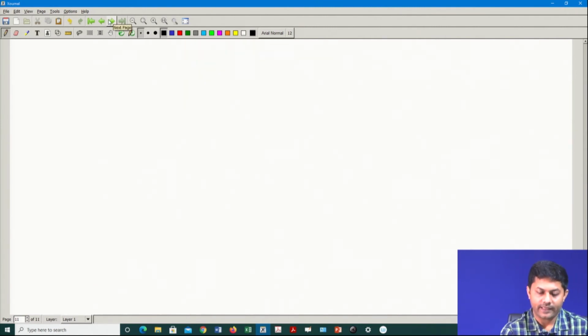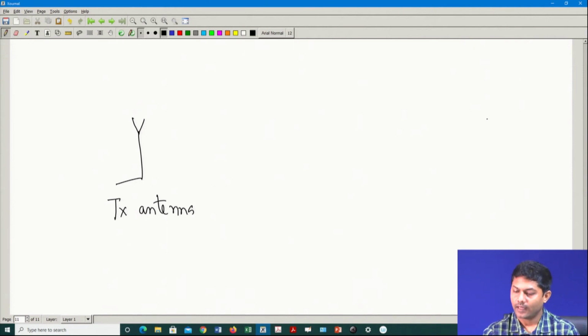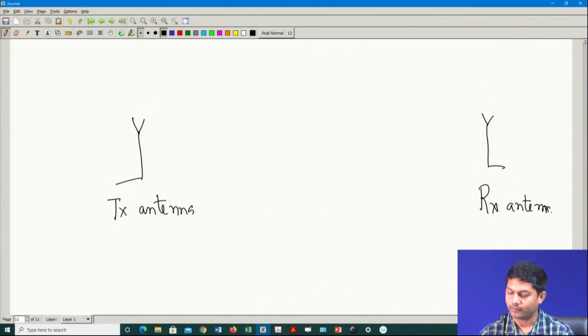Let us say I have a transmitting antenna, let us call it TX antenna. I have an RX antenna here.